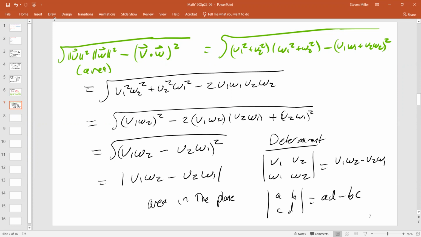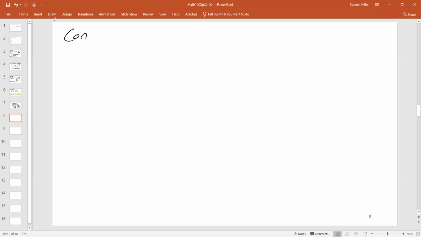Why is this useful? Well, we just saw that in the plane, this is giving me the area of the parallelogram generated by the vector that's the first row and the vector that's the second row. So there's a connection in the plane between a determinant and area.